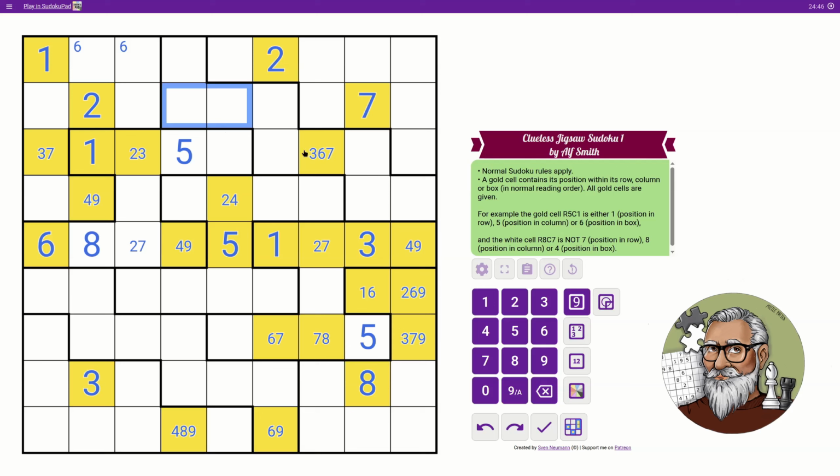So no, not really in this region. And this region, well, any of those could be 1, right? Yeah, is the answer.